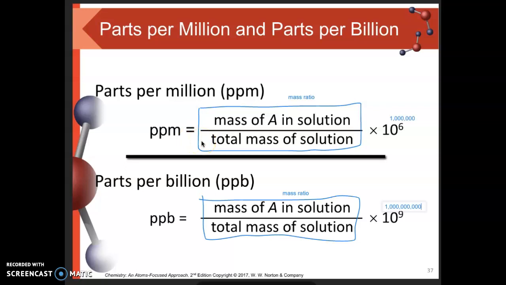You go, oh, okay, this is a more serious issue than I thought. So parts per million and parts per billion are used especially when we know that our concentrations are low, and they help to bring them up to numbers that we have an easier time understanding.